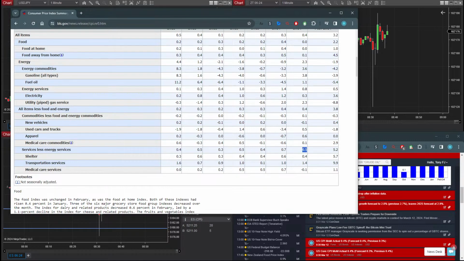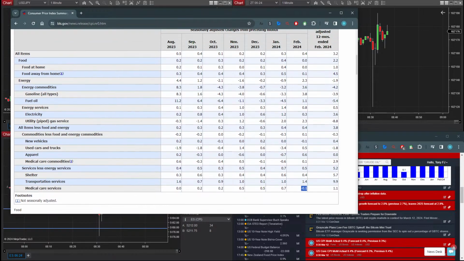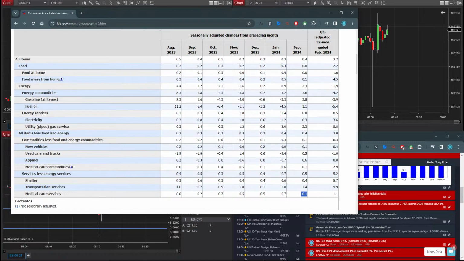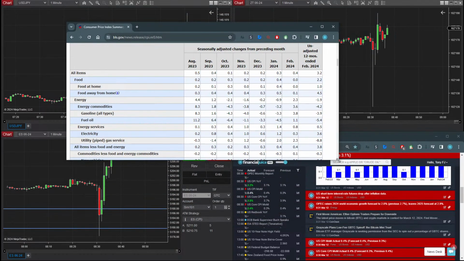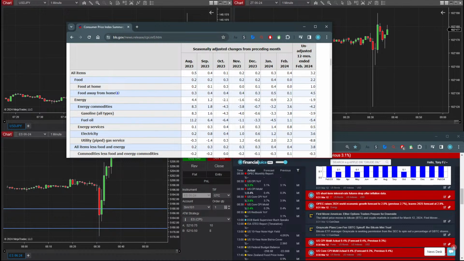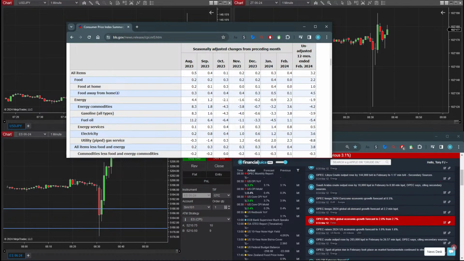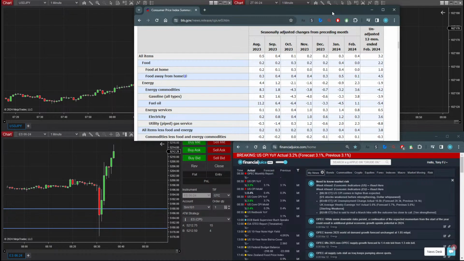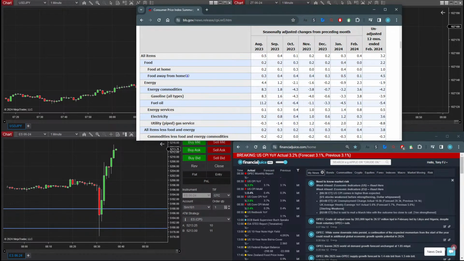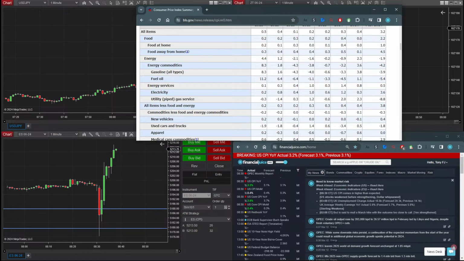Yeah, services less energy. Like these small minor declines here that we can see. Medical services too. Although they're not that big, that's the only thing that I can think of as to why the markets could react that way. Because if the data is stronger than expected, then that shouldn't really happen. But it's happened. So there's got to be something else in the report that I am not seeing.